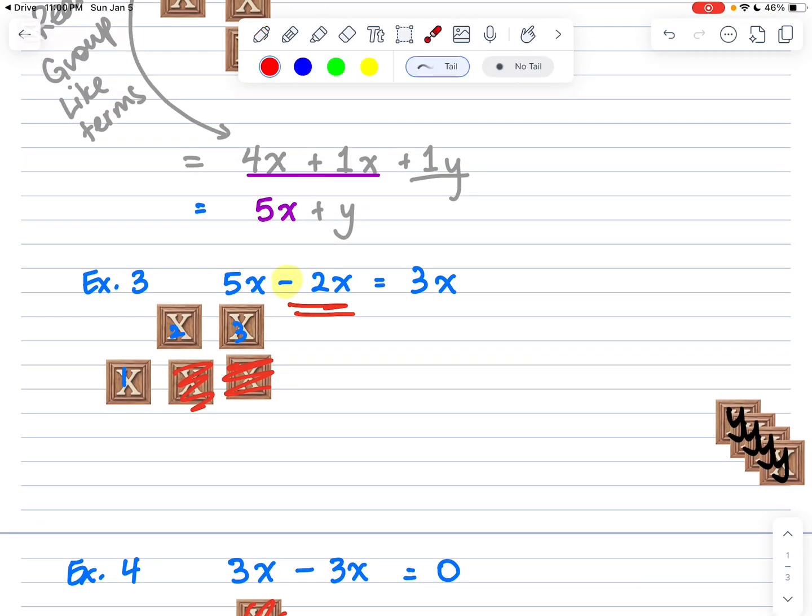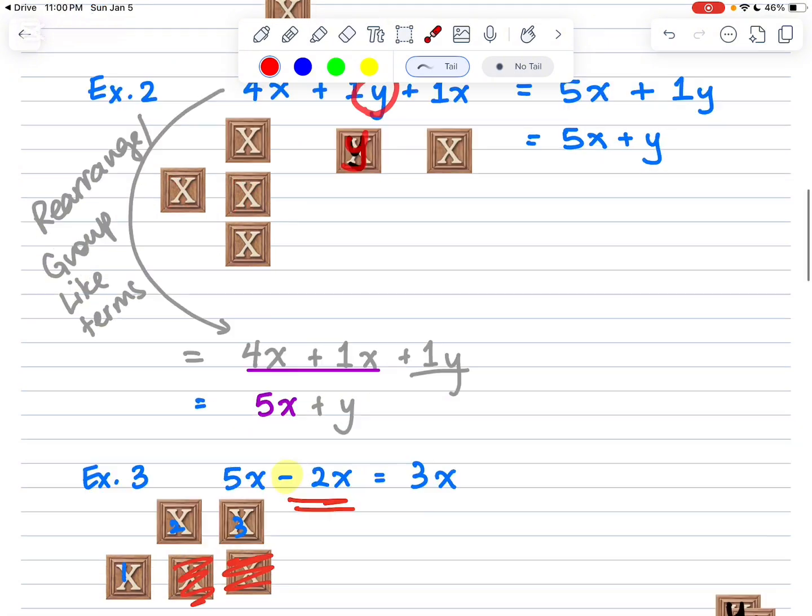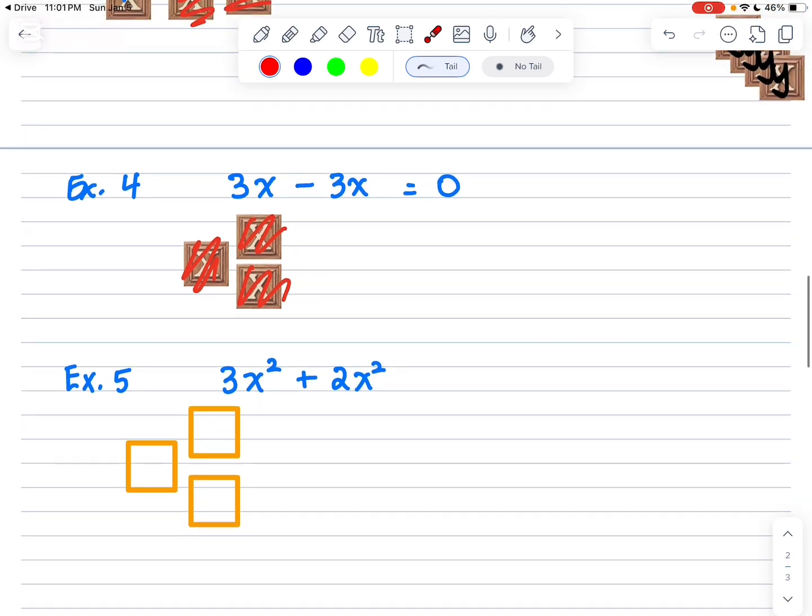When we had 4 x's, each tile said x. When I had 1 y, my tile said y. So if I have 3x squareds, and I want you to be very clear about this, squared only applies to the x. So really, this is what I'm talking about for my tile. So each tile is going to say x squared in it. So this now means 3 tiles that say x squared on it.